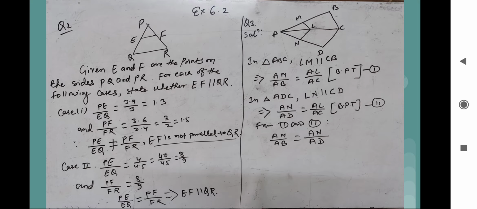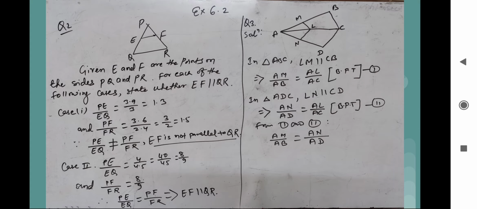In the first case, it is given the lengths of PE and EQ. So we write PE by EQ is equal to 3.9 by 3. We cancel it and get 1.3. Again we find PF by FR, which is 3.6 by 2.4, that is 3 by 2, which is 1.5.